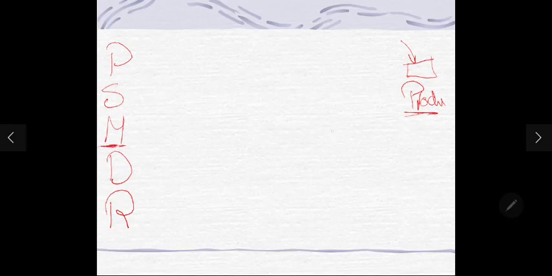According to SCOR, any process is either plan, source, make, deliver, or return. So in our case, production is the making process. So it's an M. Which type in the M process? Manufacturing, we need to have a look at what product we are producing.